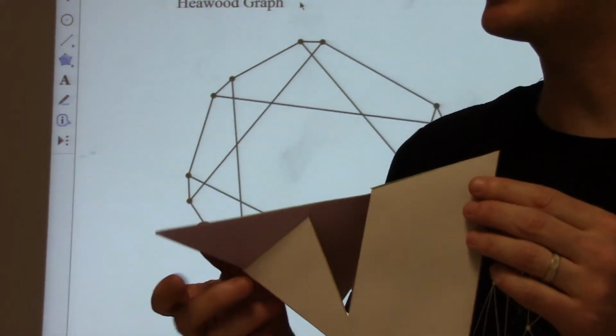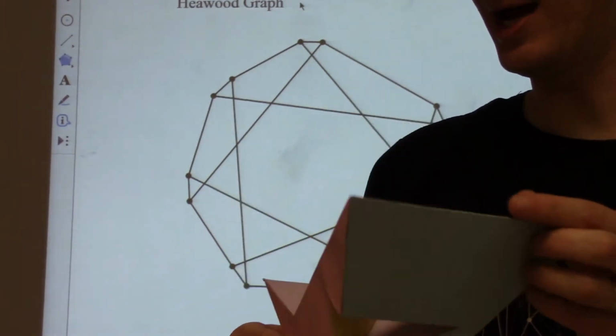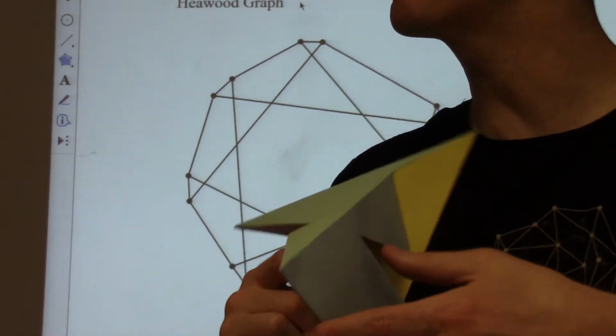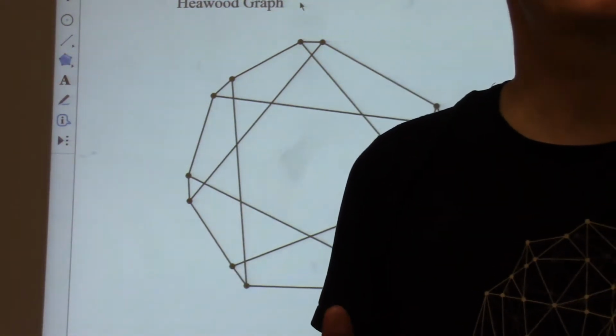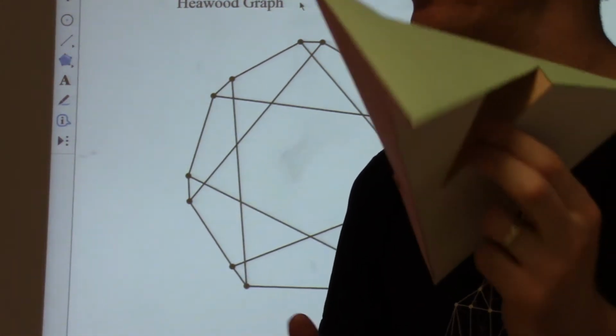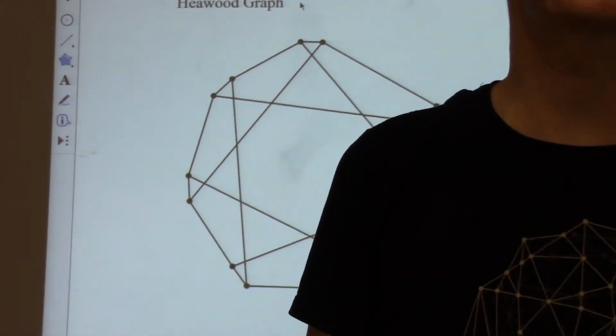Each face is an irregular hexagon, including this weird hexagon in the middle. Every face shares an edge with every other face. The only other polyhedron with that property is the tetrahedron.